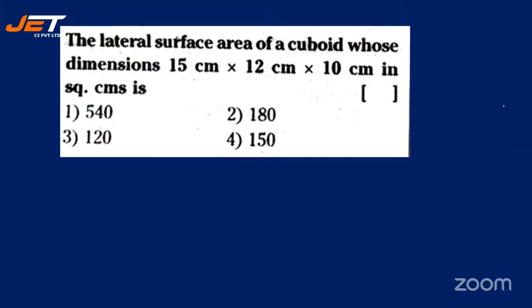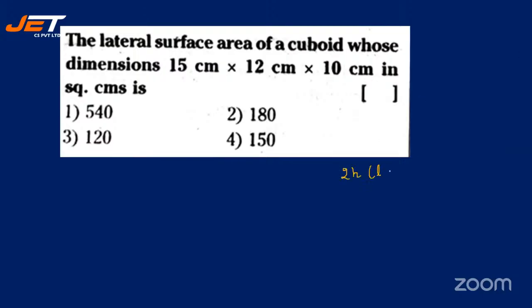So LSA of the cuboid is twice of height into L plus W. All right. So twice of height into length plus width. So let me write the formula so that you can quickly do it.